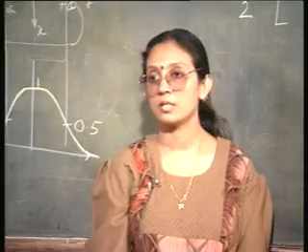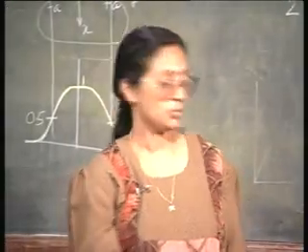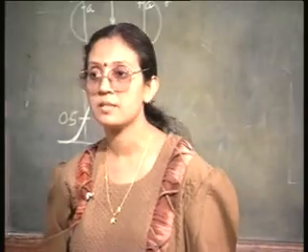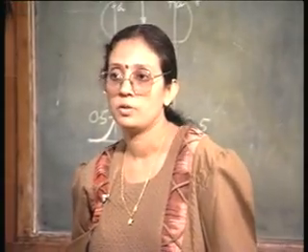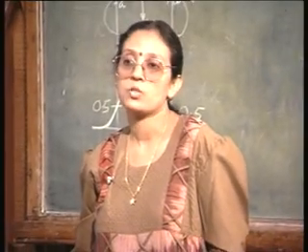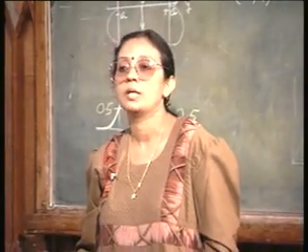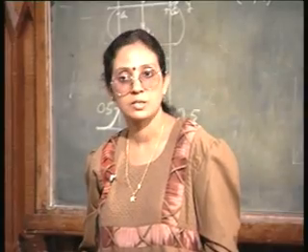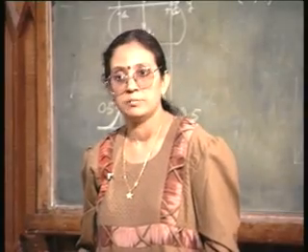I leave it as an assignment for you to work it out and see that it is really so. Really at y equal to 0, the value of the function you get is nx, and at y equal to plus or minus a, the value you get is 0.5 times nx. Let us stop here today.